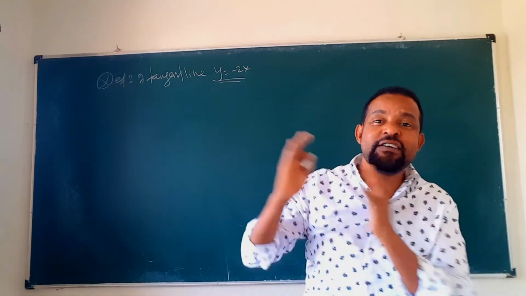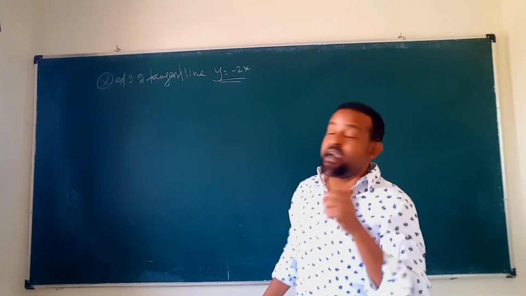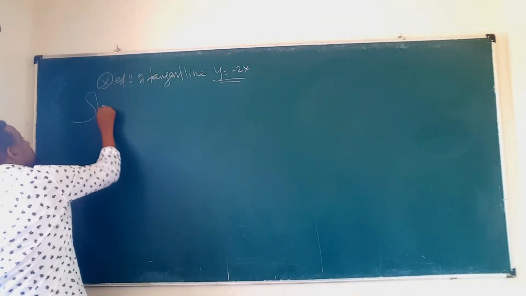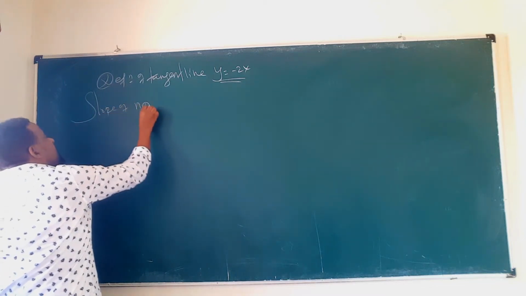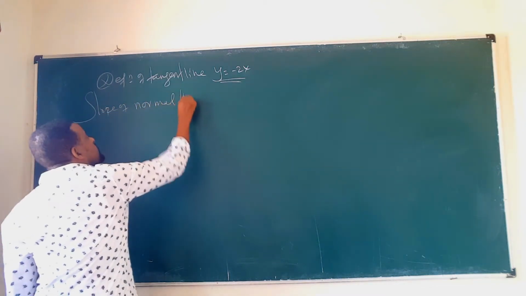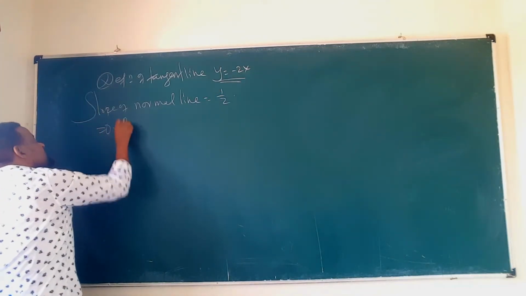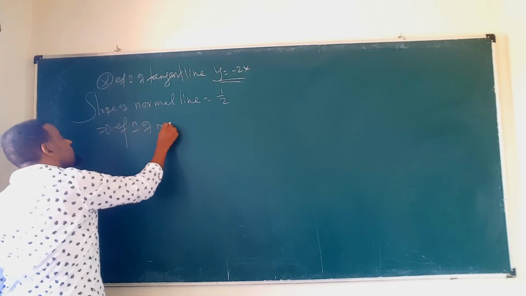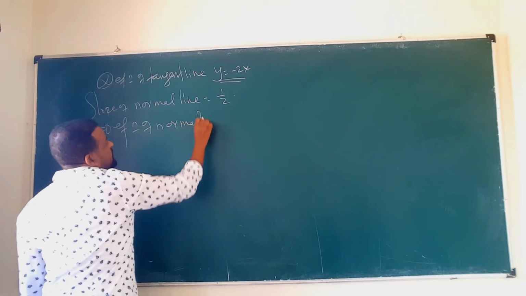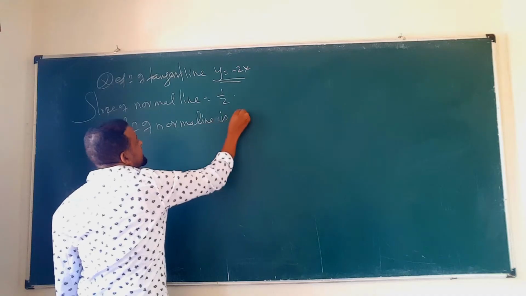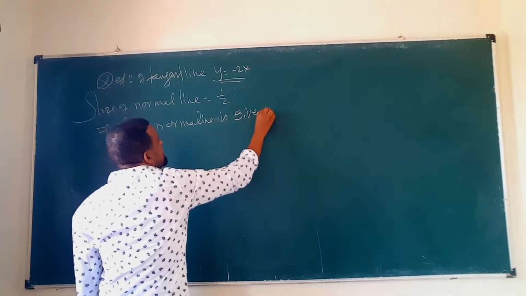To find the equation of the normal line, note that the product of the slope of the tangent line and the normal line is -1. So by that calculation, the slope of the normal line is 1/2.